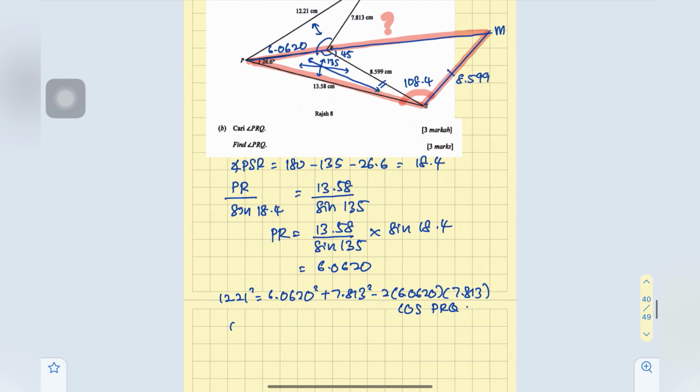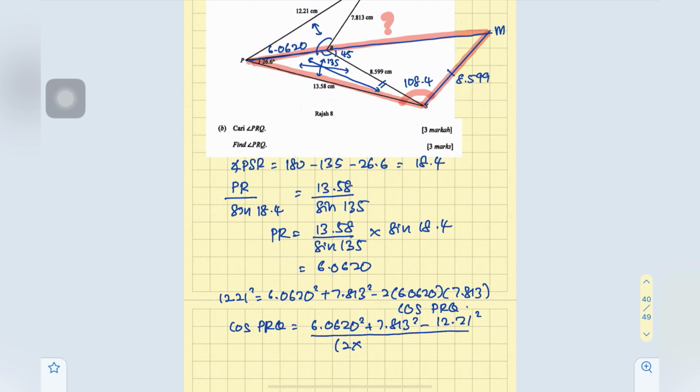So kita dapat cos PRQ equals to 6.0620 squared plus 7.813 squared minus 12.21 squared over, in the bracket this one mesti letak dalam bracket, kalau tak nanti boleh salah bila kita calculate guna calculator.